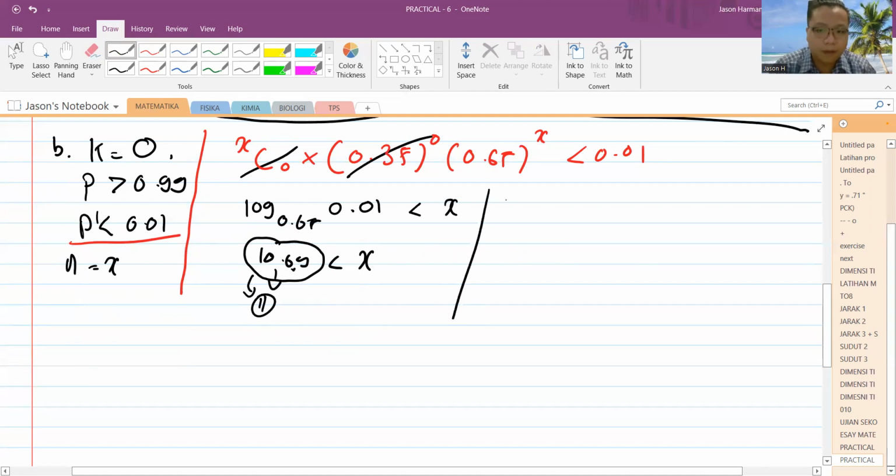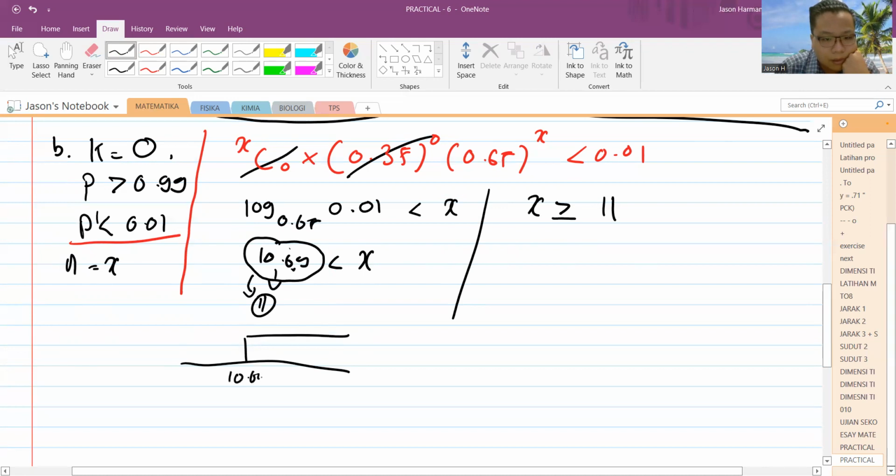So we can actually flip this, that means x must be greater than 10.69. Because the bare minimum is 10.69 and we round it up to 11, can we put the equal then? Yes, because 11 is still included within the region, right? For example, if 10.69 is the start of the region, x equal to 11 is in here.